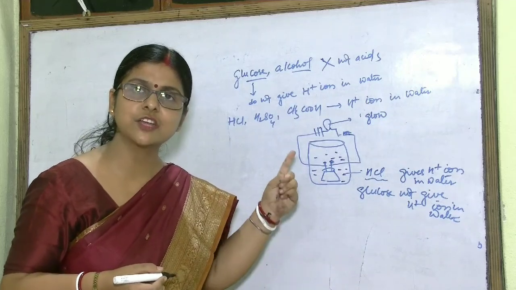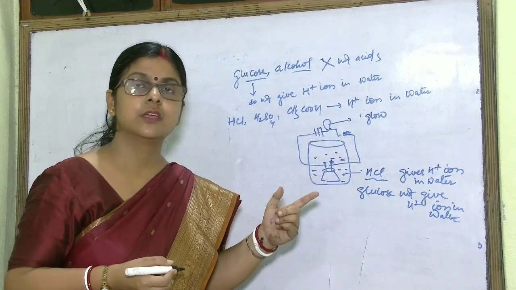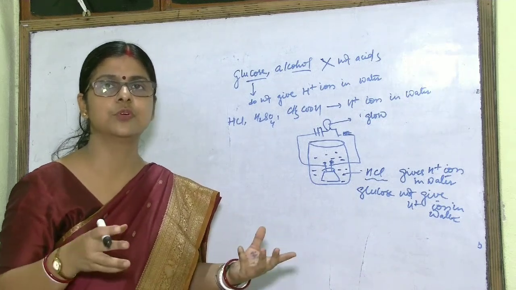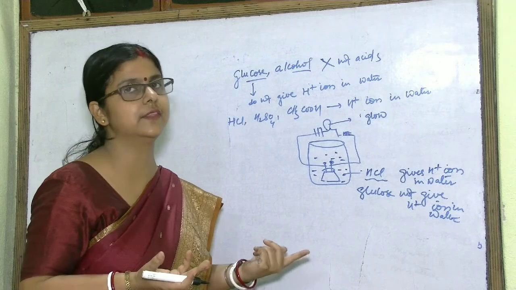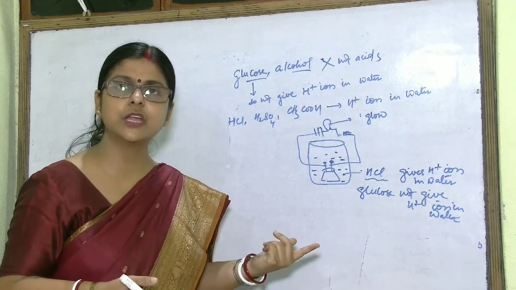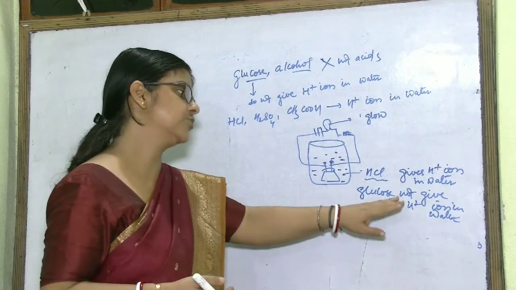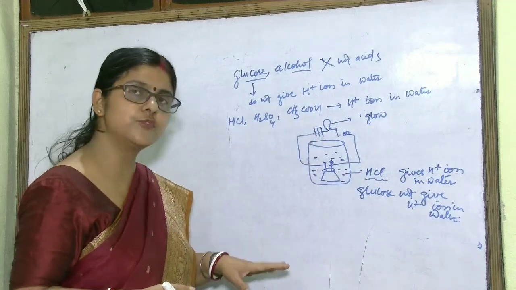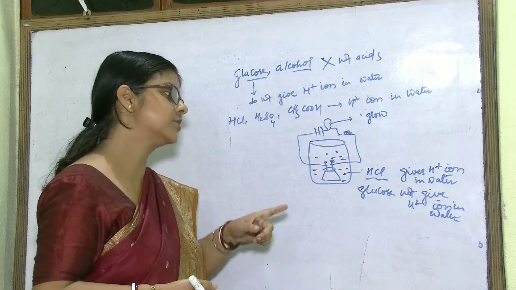Because conduction of electricity is possible if the ions flow. And if there is no ion, then there will be no electricity conducted. So here there are no ions present, so the electricity is not flowing, so the bulb is not glowing.